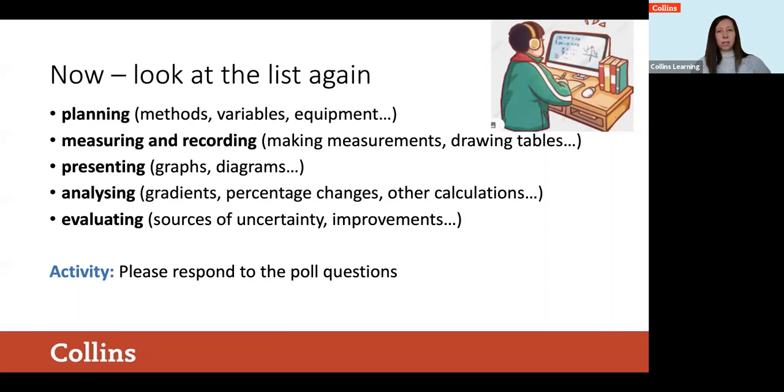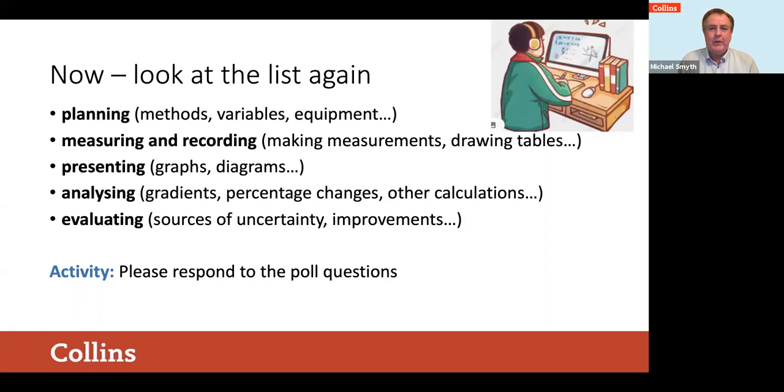So the first one is, which of these skills do students find most challenging? I've launched that one now on the poll. Yep. So if you can add your votes there. And I guess what you could think of here is not just what they find most challenging, but what they find challenging to do well in.